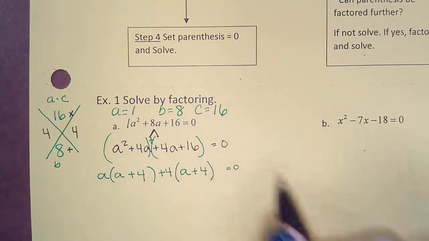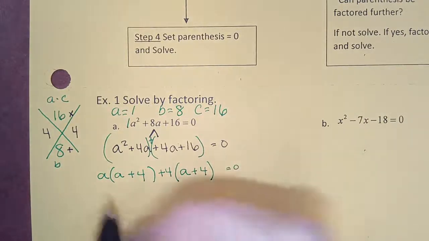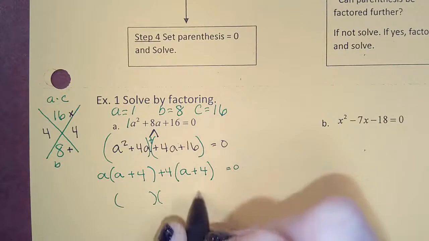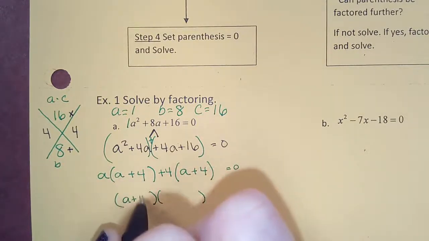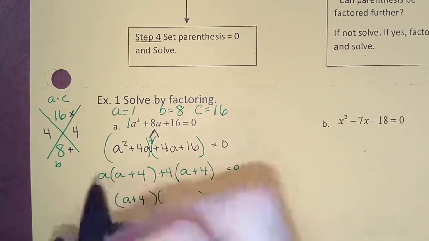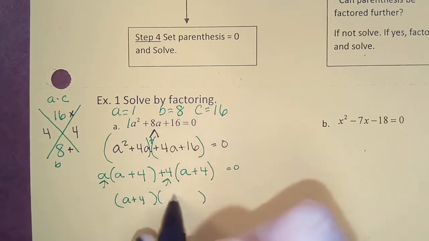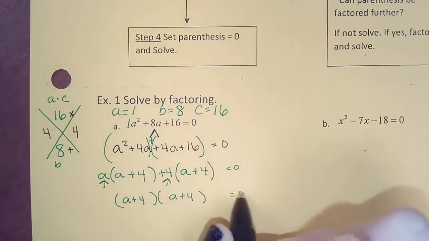Just throw my equal 0 out there. Now I'm going to factor out my GCF. So I have a matching binomial, A plus 4. Then I have this other that makes me left with A plus 4 equals 0.